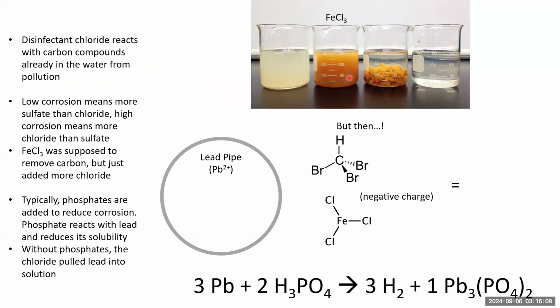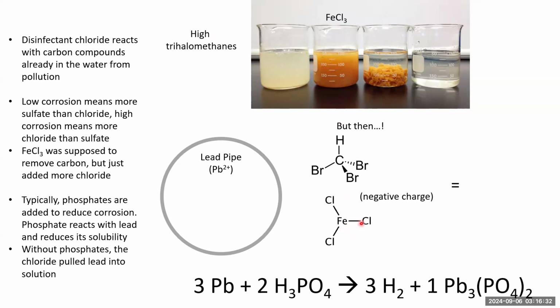So here we have some beakers of water. And here we have some water with high trihalomethanes. And in addition to phosphates, one of the things that you could do, if this was just water not going through lead, is add this iron chloride.